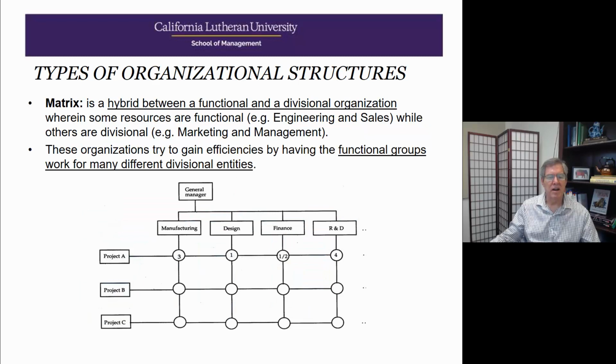The matrix organization is a hybrid between a functional and divisional organization, wherein some resources are functional, such as engineering and sales, while others are divisional, such as marketing and management. These organizations try to gain efficiencies by having functional groups work for many different divisional entities.